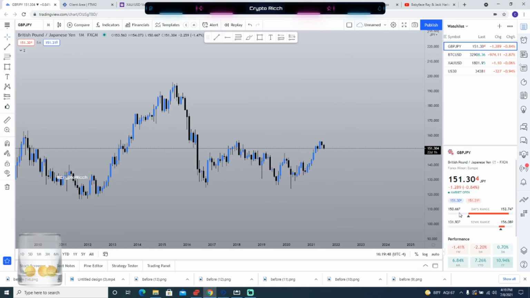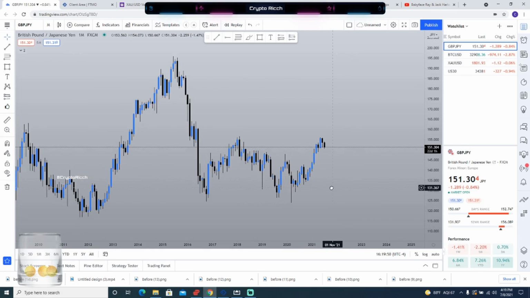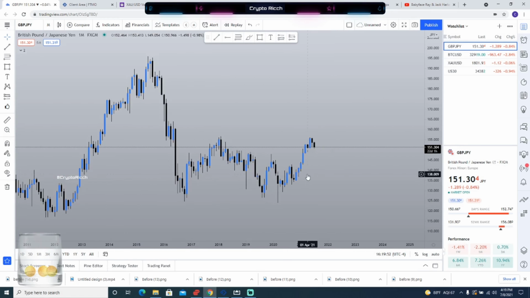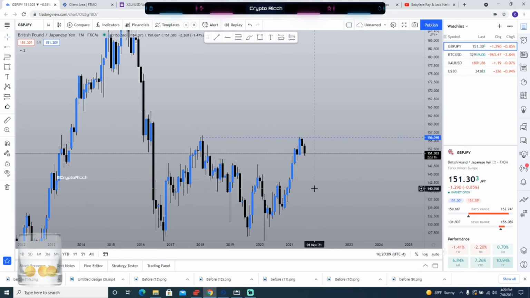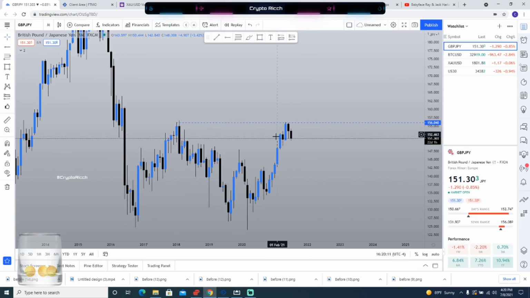So looking at this monthly chart, this is what I see. First, I see a relevant area right here where price was rejected, so I'll mark that off. Next, I'll see where price is right now and where it possibly can be finding support or resistance, and that's honestly right here.